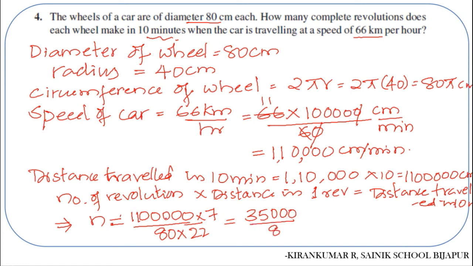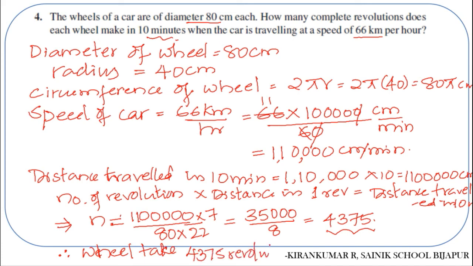You can further simplify and cross check it. We get 4375 revolutions. Therefore, we'll take 4375 revolutions in 10 minutes.